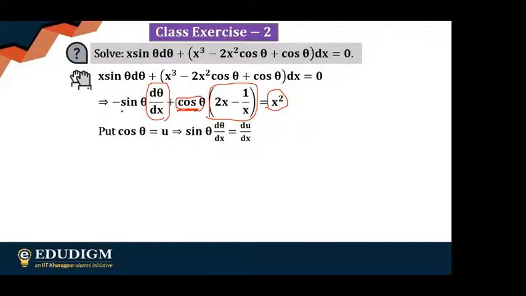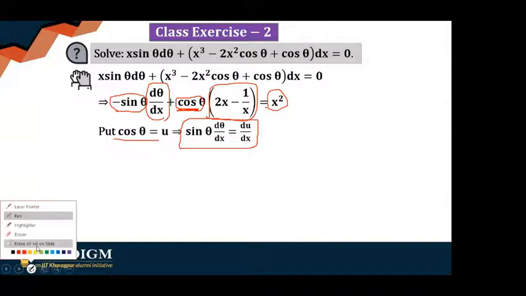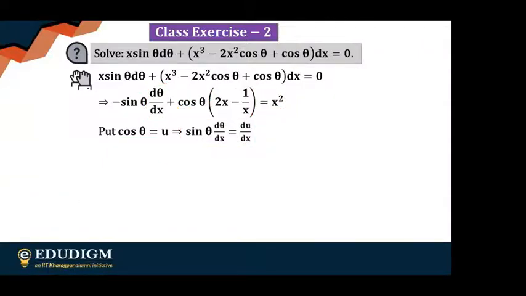No problem. I have the backup of the derivative. So this will actually tell you that go for the substitution so that sin theta d theta dx will give you du dx. You see the essence? This will actually tell you that go for that substitution that we use for Bernoulli's equation. So this is what it reduces down to.